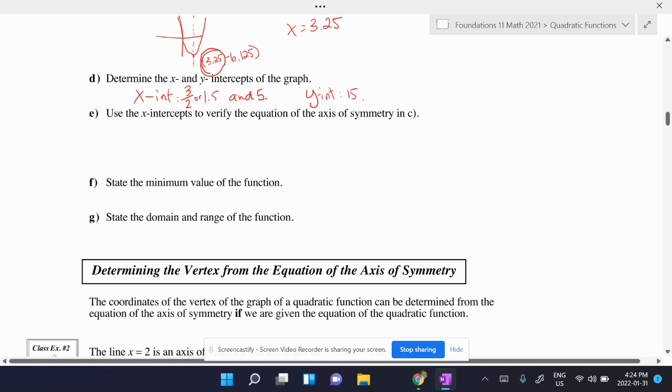Now we're going to use the x-intercepts to find that axis. 1.5 plus 5, I'm going to divide that by 2, which gives me 13 quarters, or 3.25.